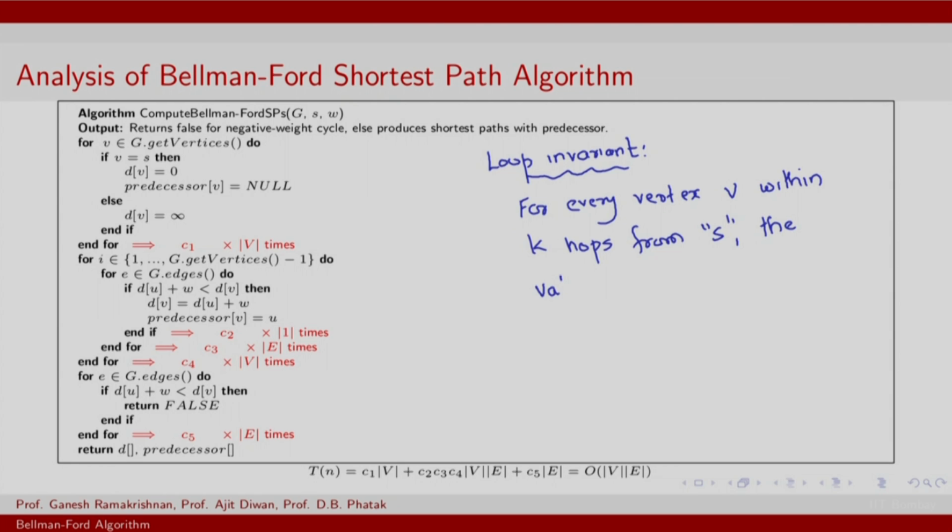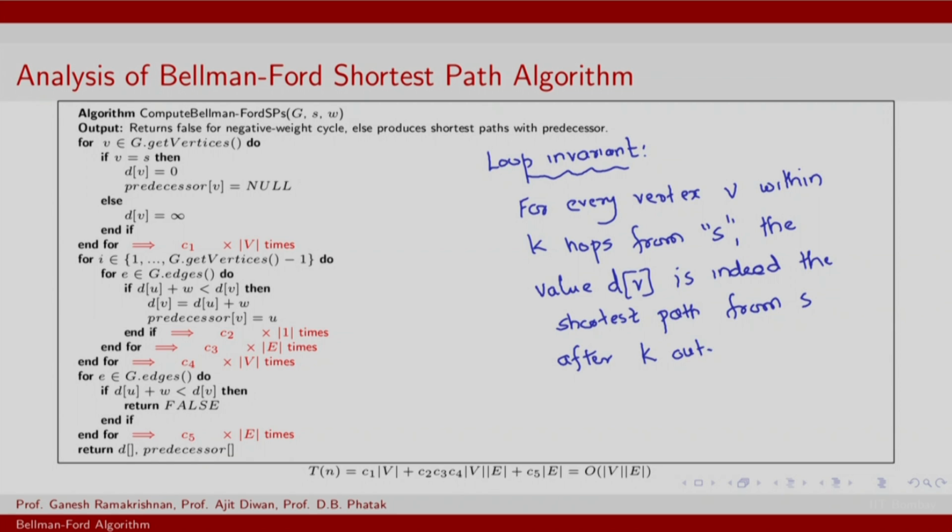the value dV is indeed the shortest path from S after k outer iterations.